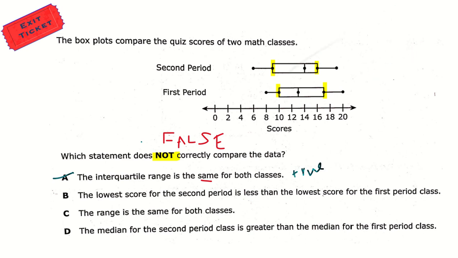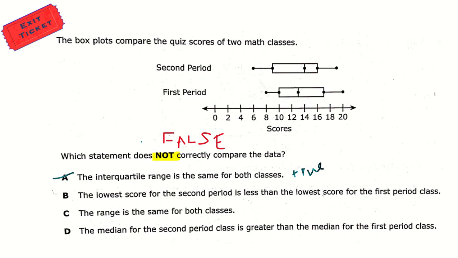All right, B. The lowest score for second period is less than the lowest score for first period. Let's see. The lowest score for second period is less than the lowest score for first period. False. The lowest score for, hang on, no, that's not true.